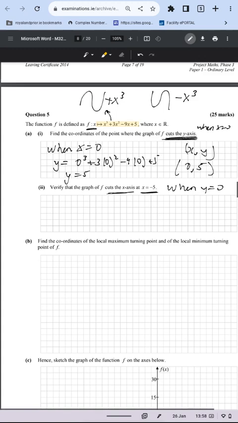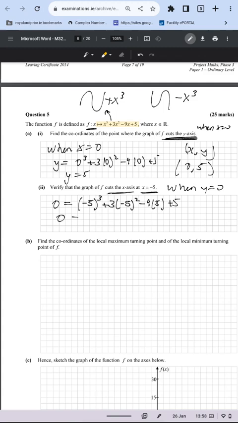So I'm going to fill in 0 for my y, which is the same as my f of x, and I'm going to put in minus 5 for my x. And I should get 0 to be equal to 0 there. And you will.